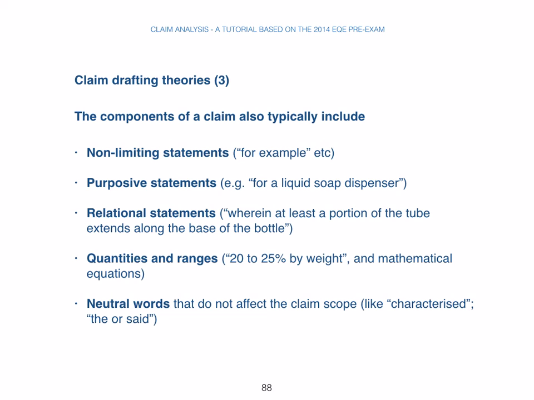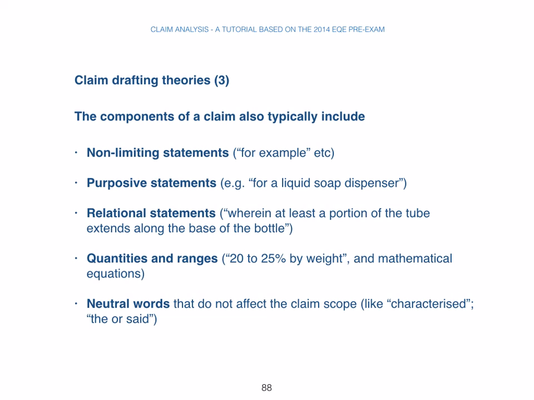The components of a claim also include non-limiting statements, for example, in particular, and so on, purposive statements, for a liquid soap dispenser is an example, relational statements, for example, wherein at least a portion of the tube extends along the base of the bottle, which sets out the relationship between the different technical features.